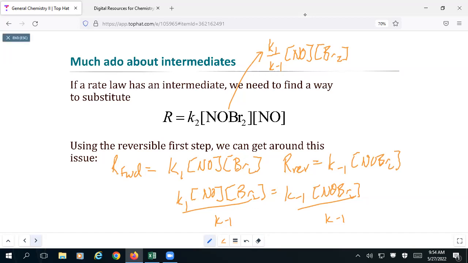And so if I substitute that in, that would give me k2 times k1 divided by k-1 times nitrogen monoxide squared, because I now have NO times NO times bromine.